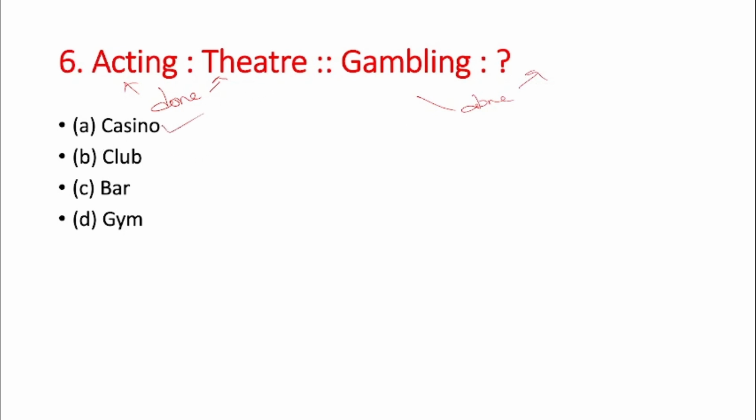We all know what casinos are, right? At least we have seen them in movies. It's illegal in India, but we can find them in Goa. So, acting, theater; gambling, casino. Okay, so the next question.